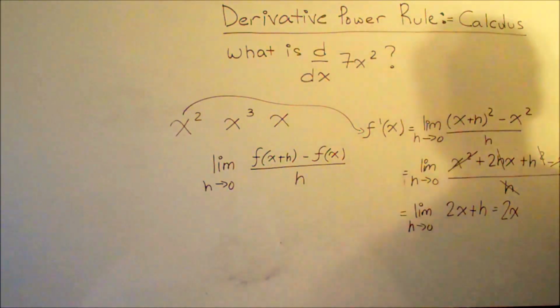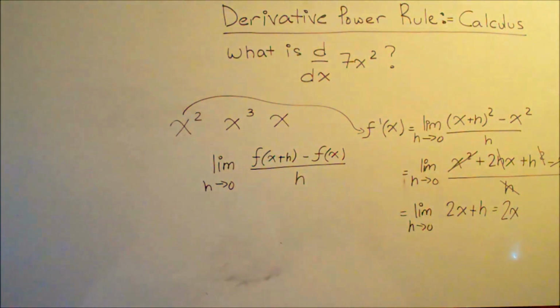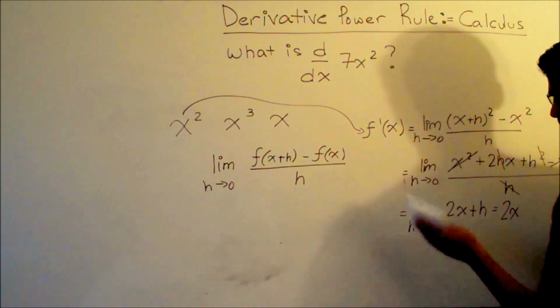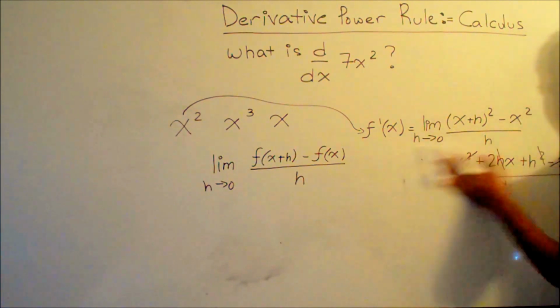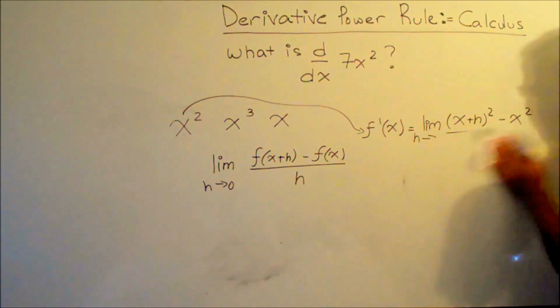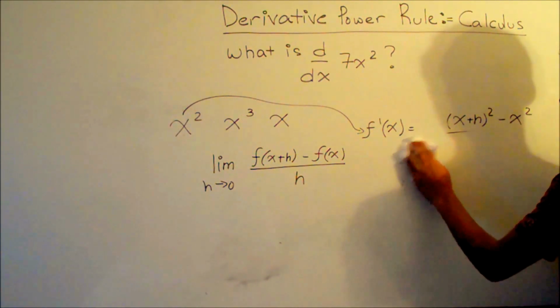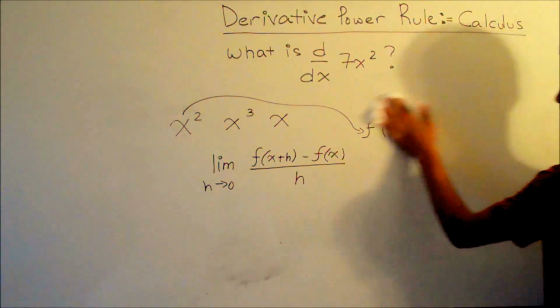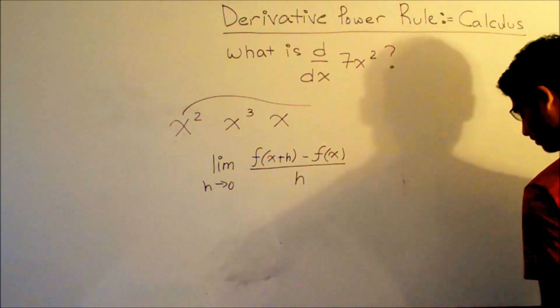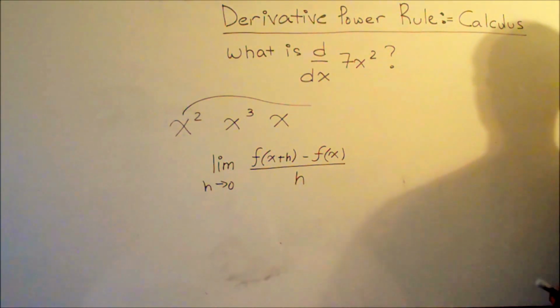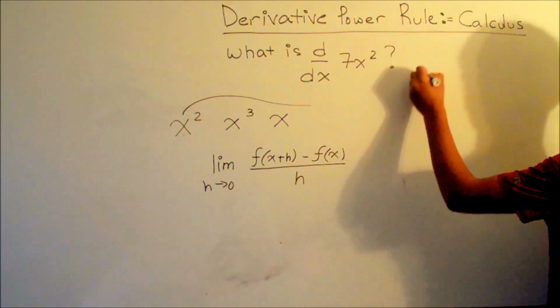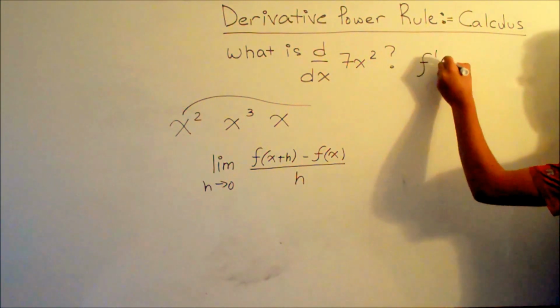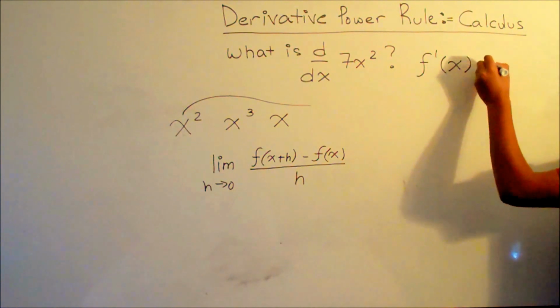Let's write that here. You can take a moment to look at this. The derivative of x squared is 2x. So let's write that here. F prime of x equals 2x.